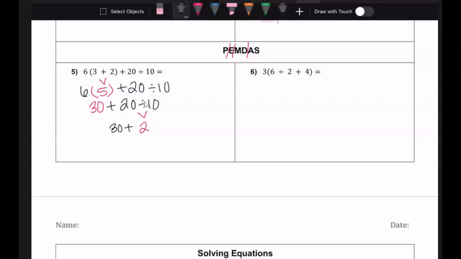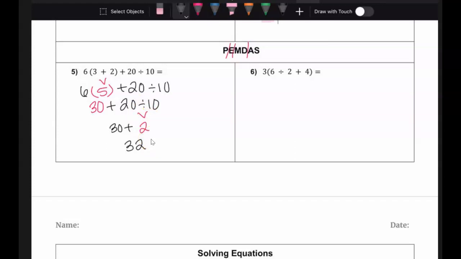And then, finally, 30 plus 2, which is 32. Notice if you go this order, if you do the 30 plus 20 first, you'll get 50 divided by 10, which is 5, which is a much different answer than the 32 we got. So the order of operations does matter. So be careful about that.